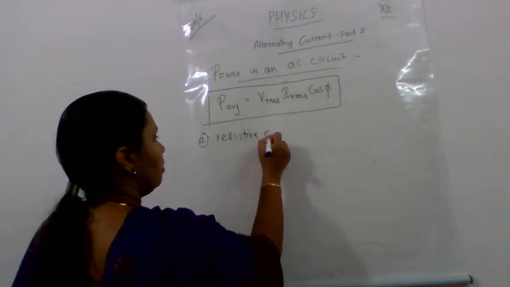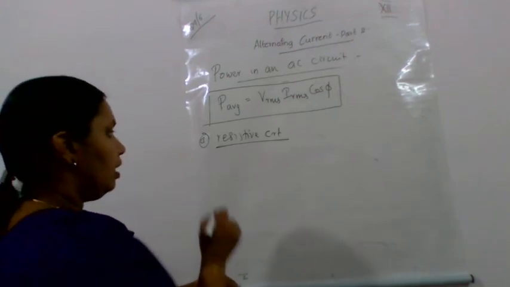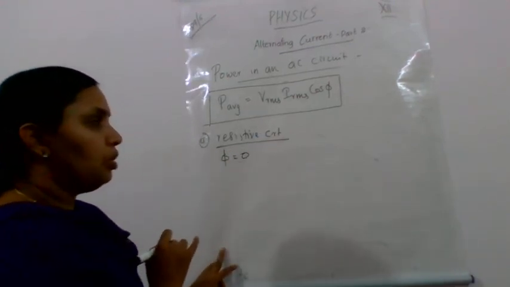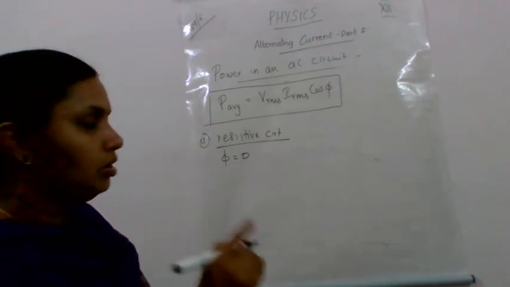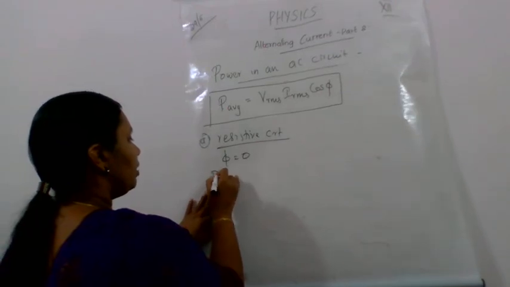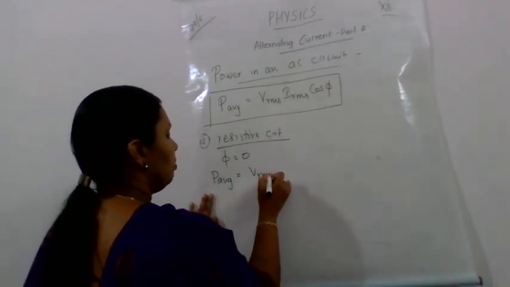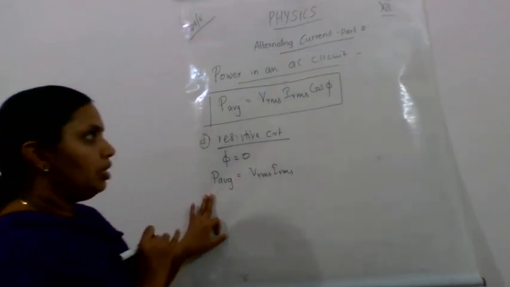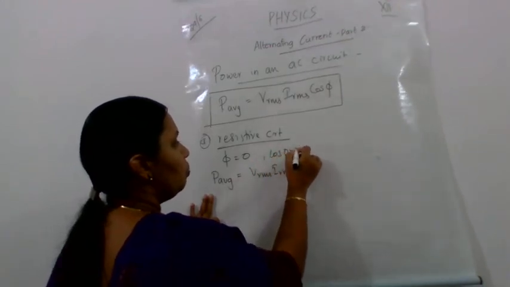In a resistive circuit, we know phi is equal to 0. The phase difference between voltage and current is 0 in a purely resistive circuit. So what will be the power consumed? P average is equal to VRMS into IRMS into cos phi, that is cos 0, which is equal to 1.